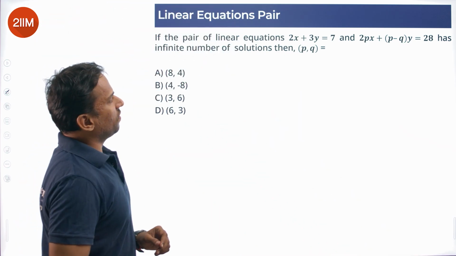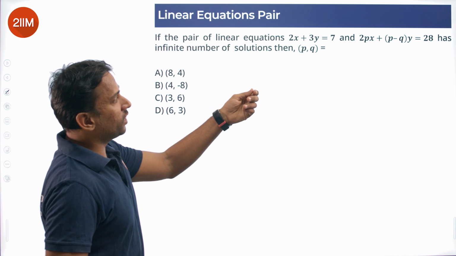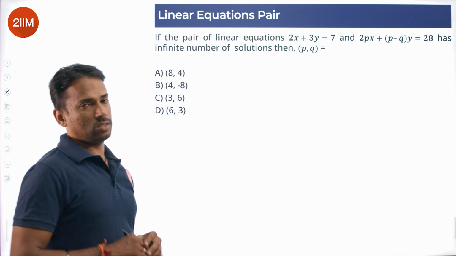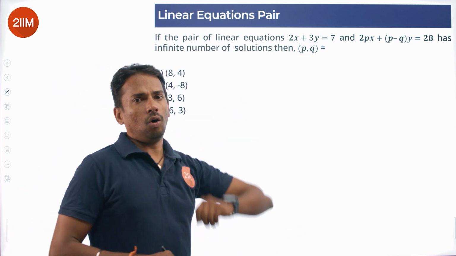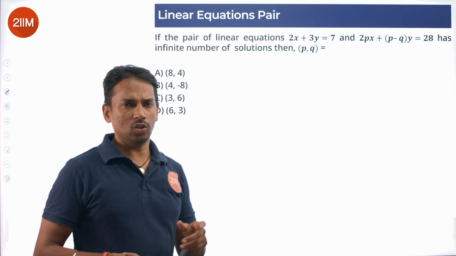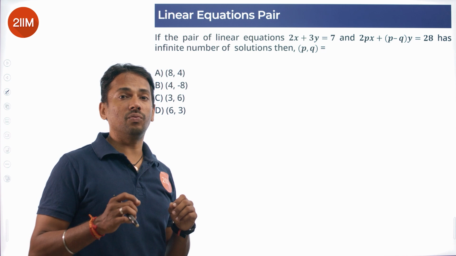If the pair of linear equations 2x plus 3y is equal to 7 and 2px plus (p minus q) y is equal to 28 has an infinite number of solutions, then this ordered pair p comma q is equal to what? So we have to solve and get the values of p and q. These two linear equations have infinitely many solutions.